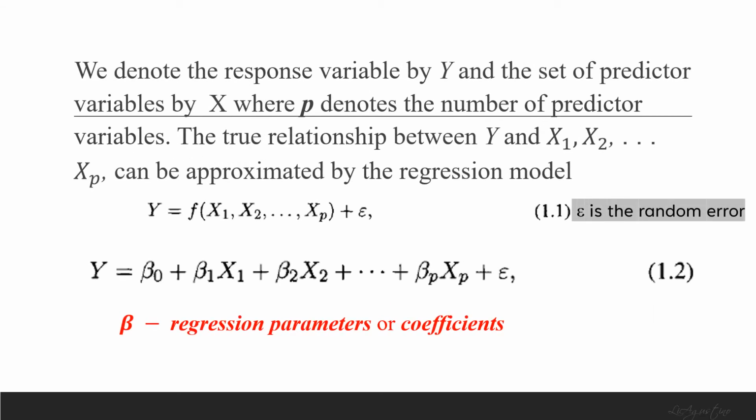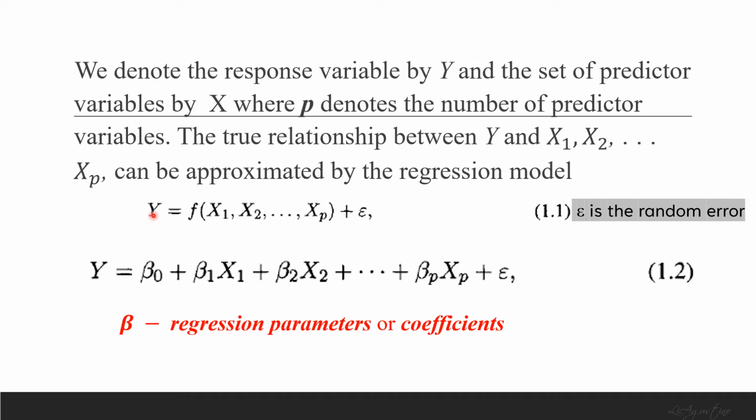Let's study this further. We denote the response variable by y and the set of predictor variables by x, where p denotes the number of predictor variables. The true relationship between y and our explanatory variables x1, x2 until xp can be approximated by the regression model. What is this regression model?